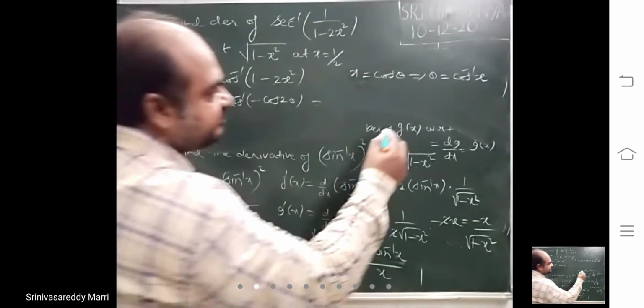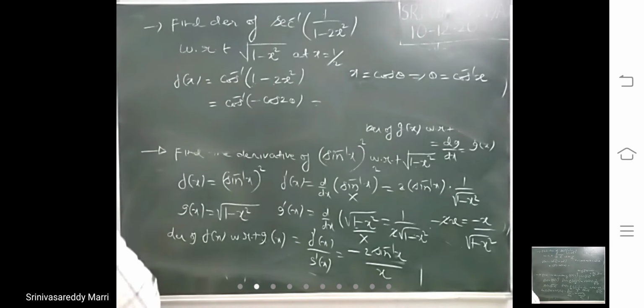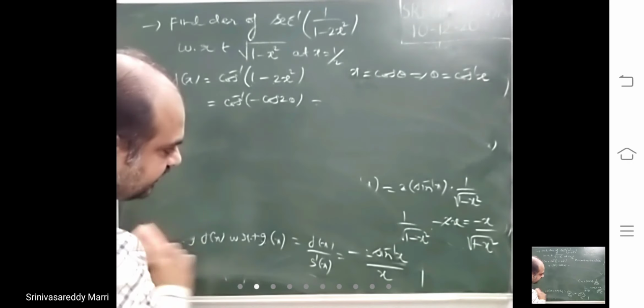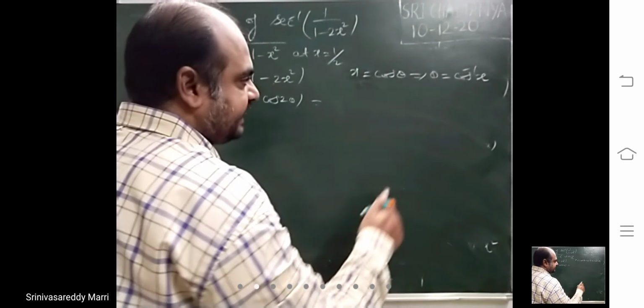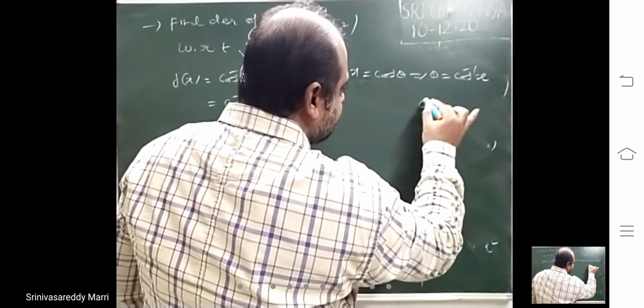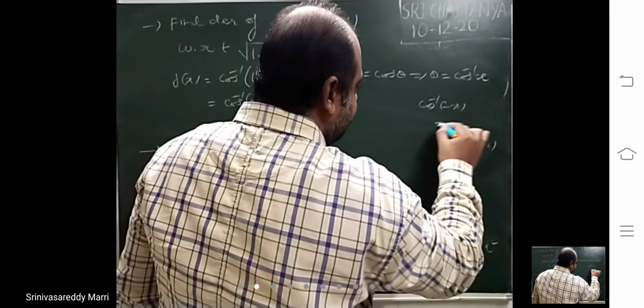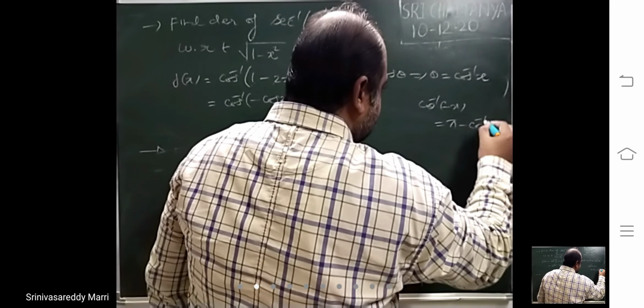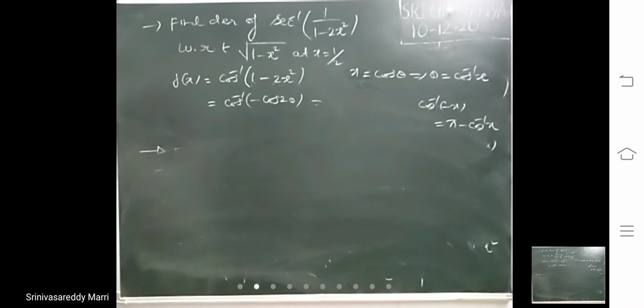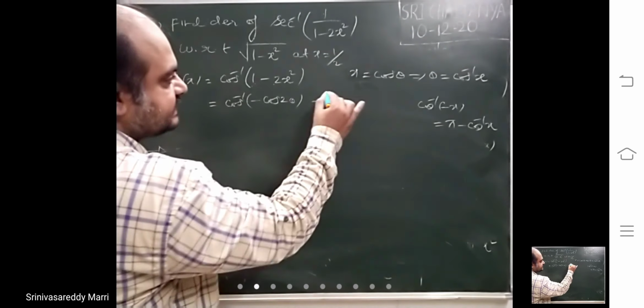You know the cos inverse of minus x formula. Cos inverse minus x is nothing but pi minus cos inverse x. In inverse trigonometry, we have learned this formula. This is nothing but pi minus cos inverse x.